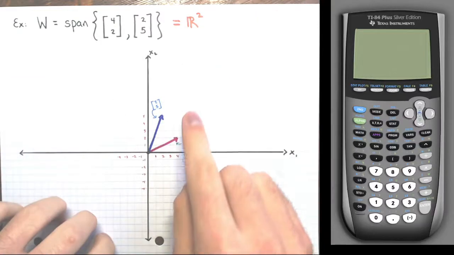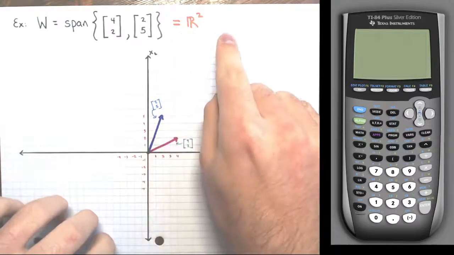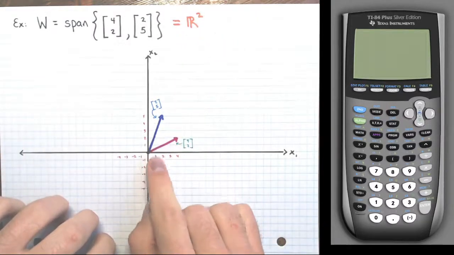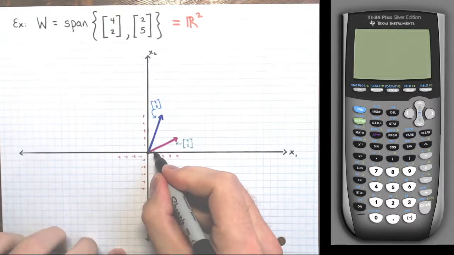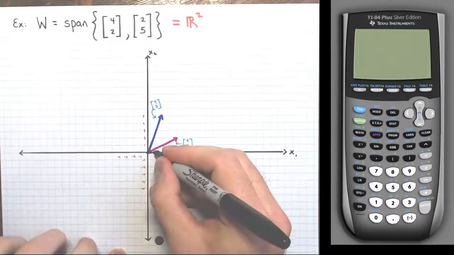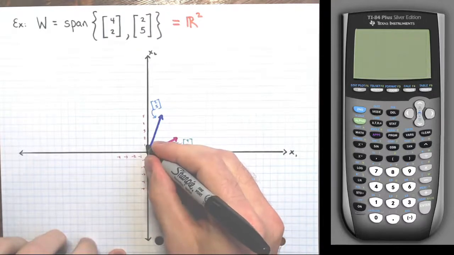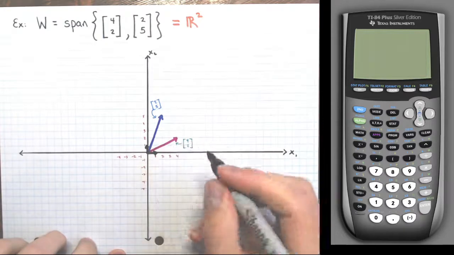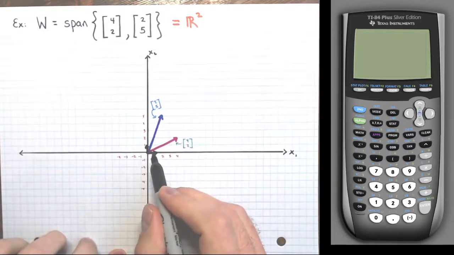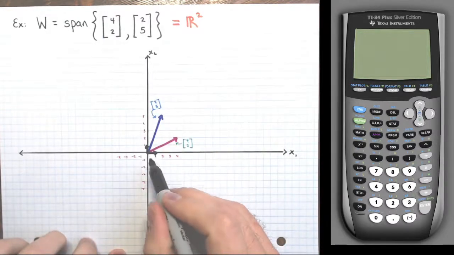Well, you've probably seen before that R2 is the span of 1, 0, and 0, 1. Right? Here's 1, 0, this vector here. And here's 0, 1, just 1 unit right of the origin, going 1 unit up. And every vector in R2 can be written as a linear combination of those unit vectors, 1, 0 and 0, 1.